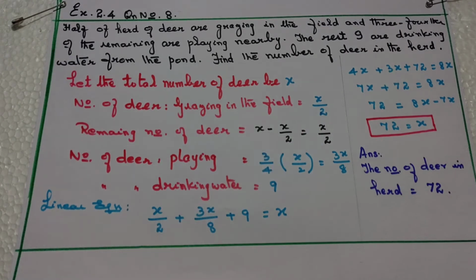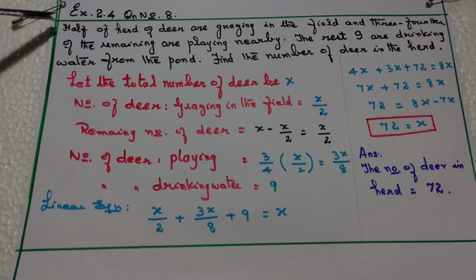Find the number of deer in the herd. Now here they are just saying half of the herd. So what is the number of deer here? We don't know. So we'll assume that as X. So let us assume and proceed according to the statements given. So let the total number of deer be X.